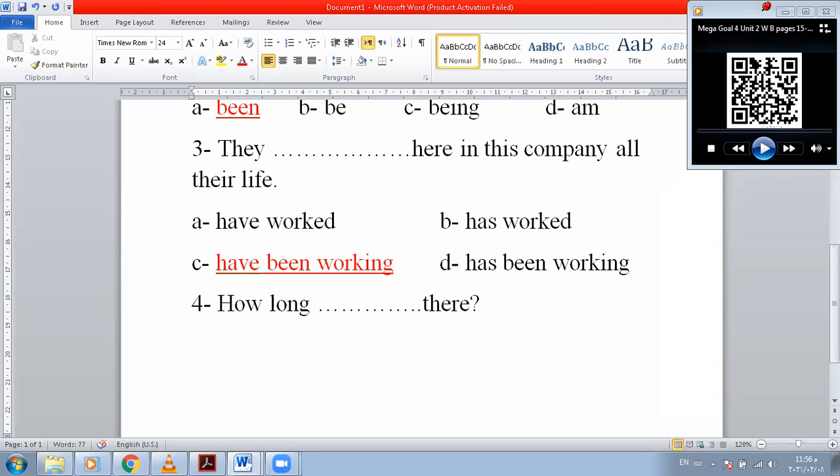How long spaces there? I want you to choose: have you working?